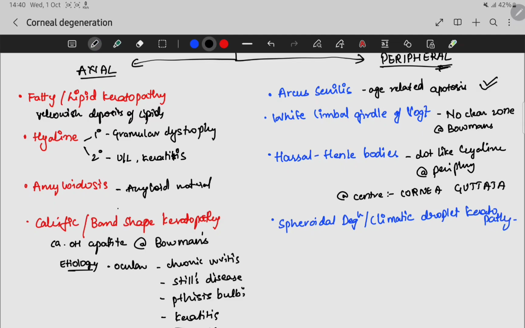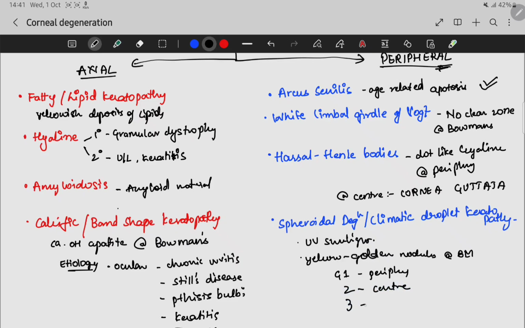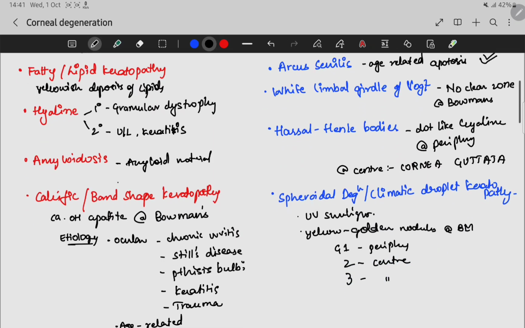These occur in the areas where UV sunlight is focused, and if they are present in the periphery, it is called grade 1. In grade 2, they will be in the center, and in grade 3 they will be in the center, as well as very thick and also elevated plaque-like lesions. So this was regarding spheroidal degeneration.